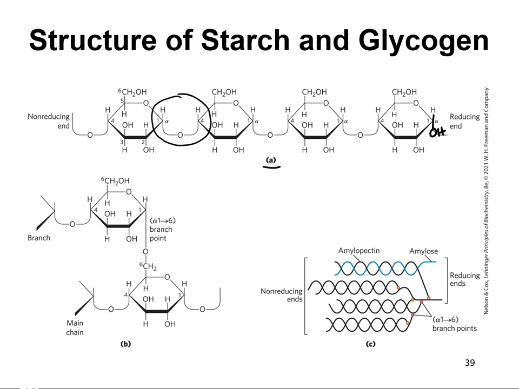So think about this in terms of being able to add on to this starch molecule. You have to have a place to do some chemistry to keep adding on these monosaccharides. So the reducing end is where the action happens.